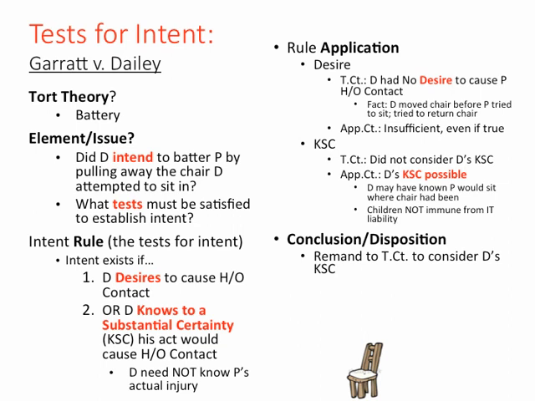So the court remands the case back to the trial court for at least a trial on that particular issue. The court did recognize that there had been a finding of damages in the amount of $11,000. And so if the court did find that Brian did have sufficient knowledge to a substantial certainty that she would fall and suffer a battery, then the jury could award the $11,000 of damage.